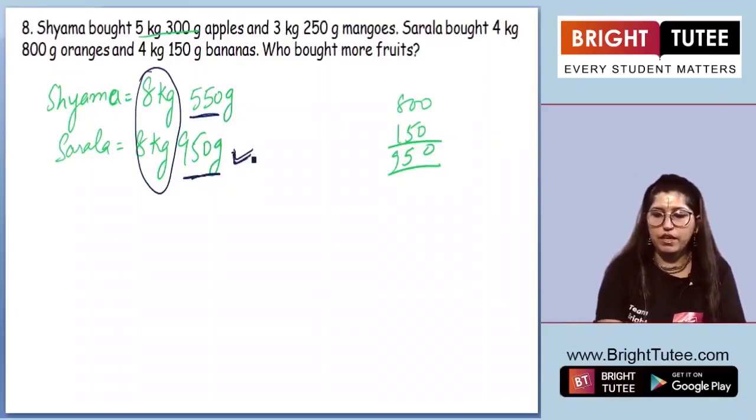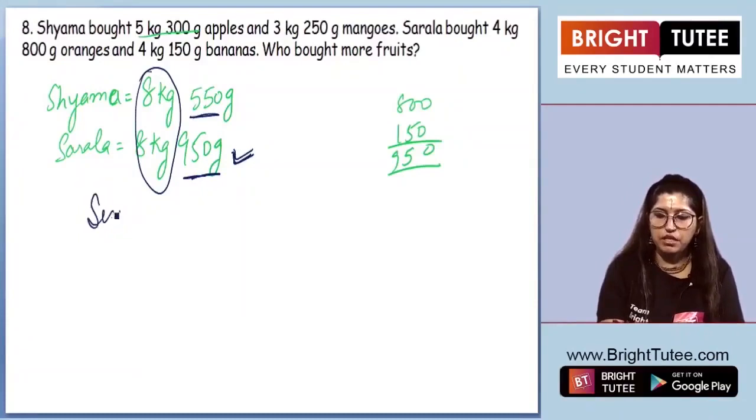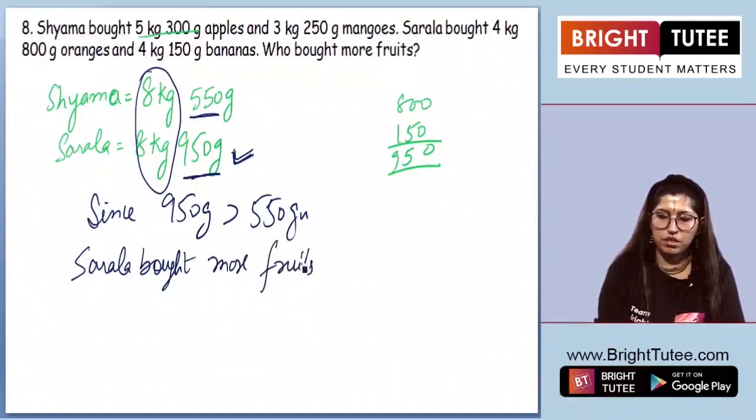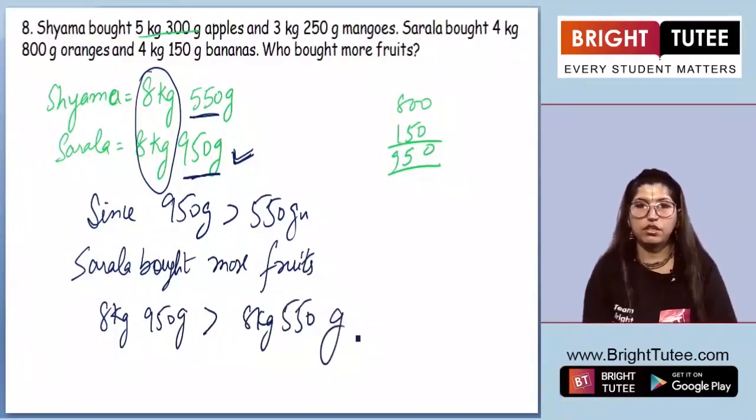And we know that 950 grams are greater than 550 grams, so we can say that Sarla bought more fruits. We can write it down as well because 8 kg 950 gram is greater than 8 kg 550 gram.